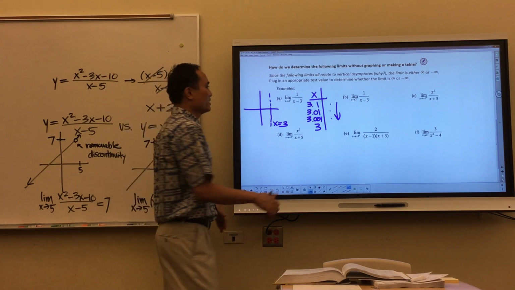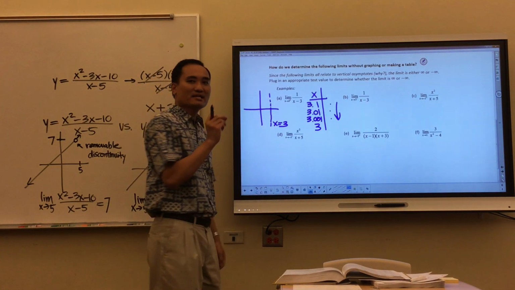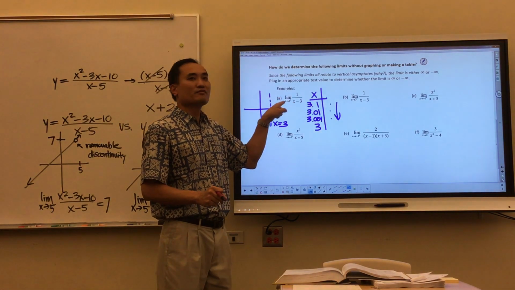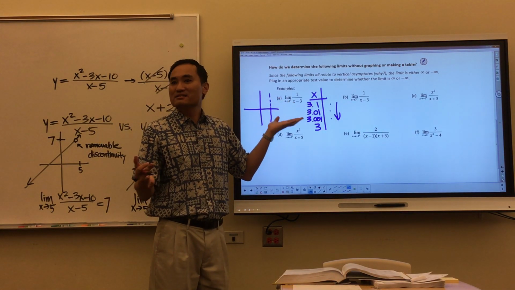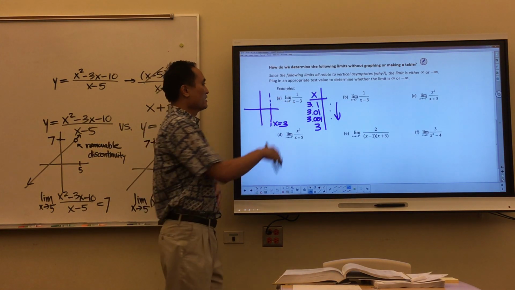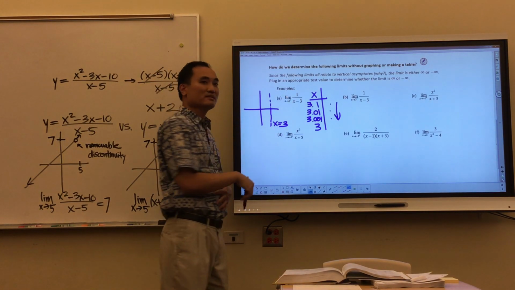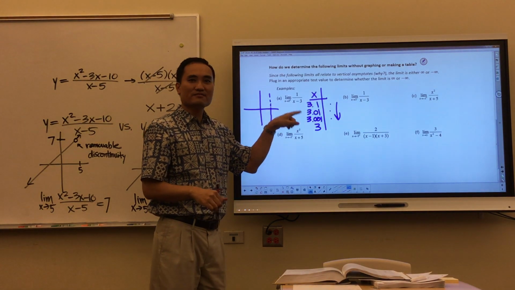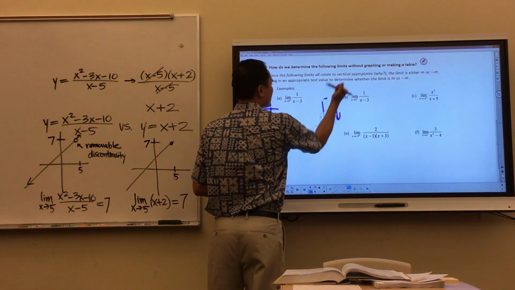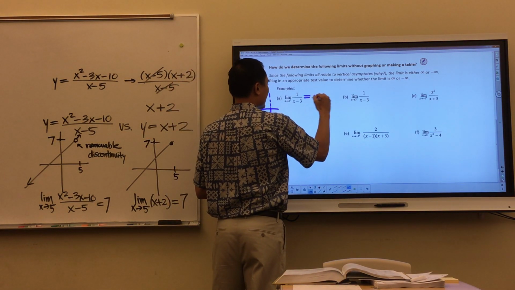So another approach here is to just pick a number really close to 3 from the right, such as 3.1. When you plug 3.1 in for x here, the numerator is positive, the denominator is positive, making the whole thing positive. So this is just positive infinity.